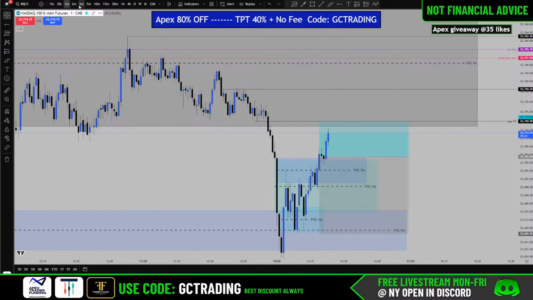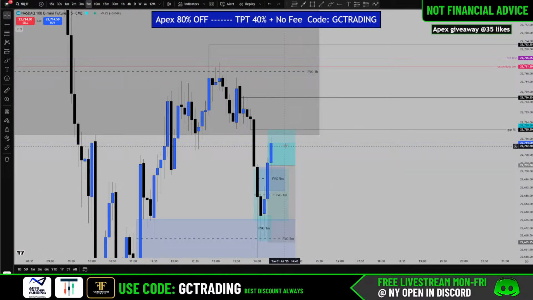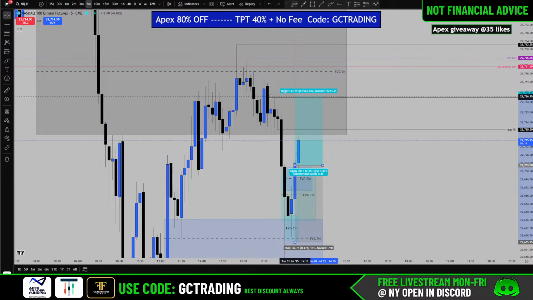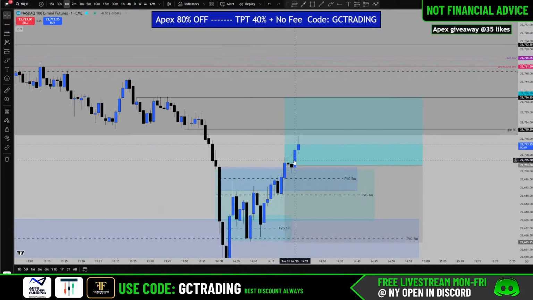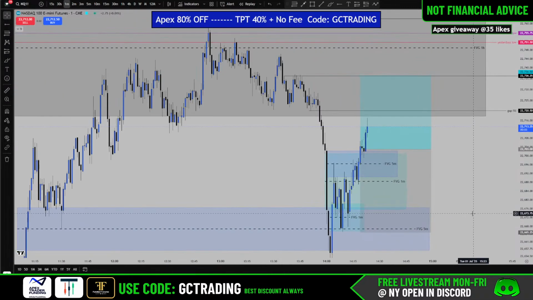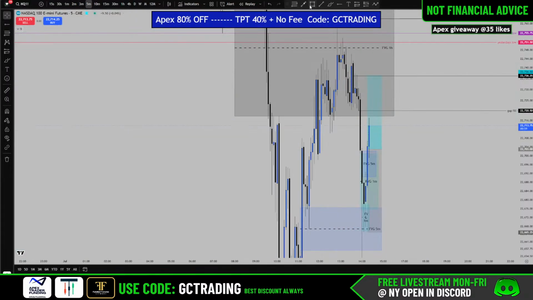Gap fill is coming up on the 5 minutes. Remember, watch out for the gap fill. I want to see how we close in a minute 18. I want to see where we close with this gap right here. I'm going to be watching that closely. If we do reject that CE, we'll see what happens.